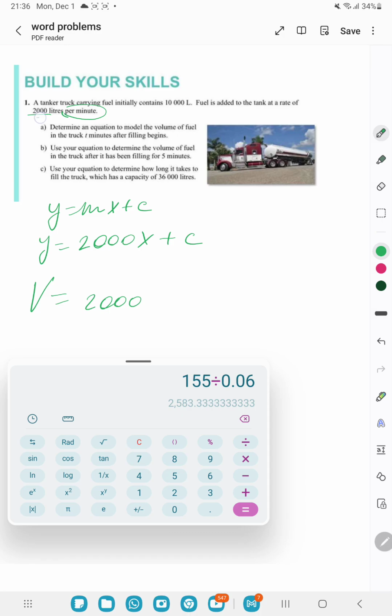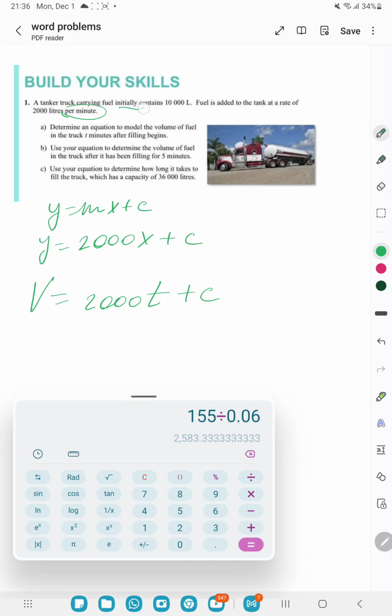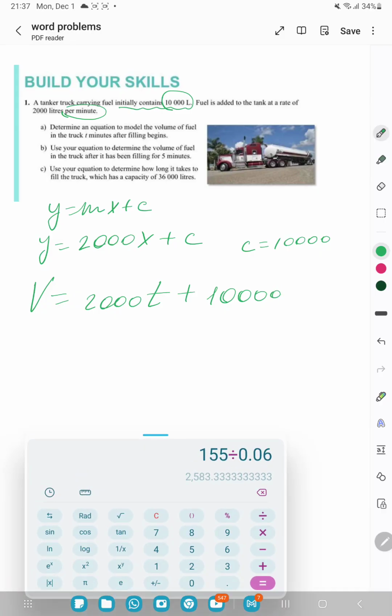In 1 minute it fills 2,000 liters, so t is time in minutes, plus c. The truck initially contains 10,000, so c is 10,000 initially. Now we have to model it, like finding an equation.